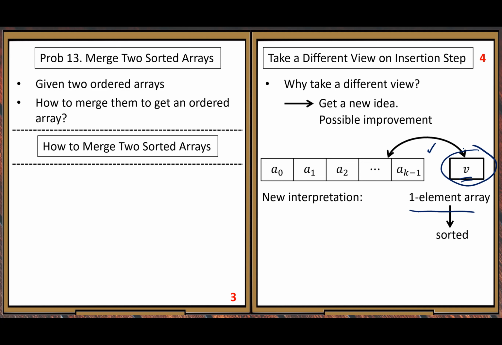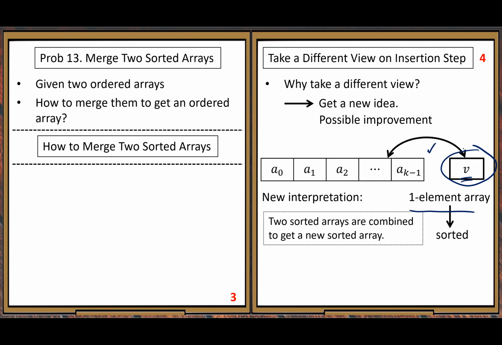So the new interpretation: two sorted arrays are combined to get a new sorted array, but just one has a special structure. We can make it a little more general. So this new view: merge two sorted arrays to form a new sorted array.